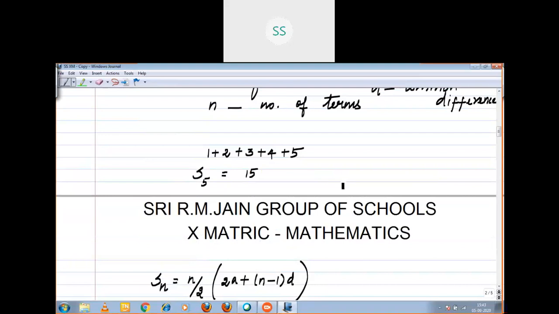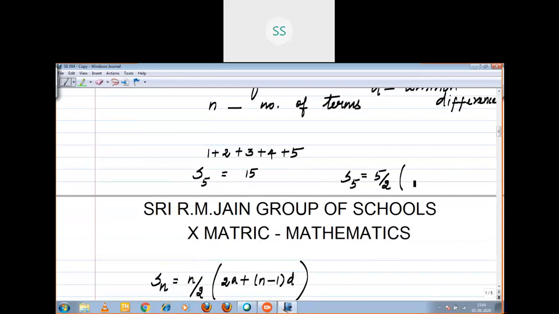S5 equal to 5 by 2 into, you see, 1 plus 2, 3, 3 plus 3, 6, 6 plus 4, 10, 10 plus 5, 15, right?